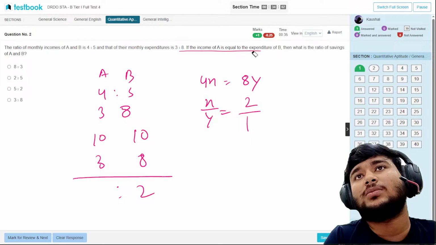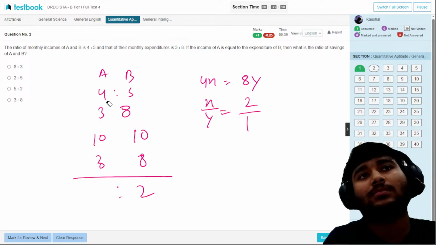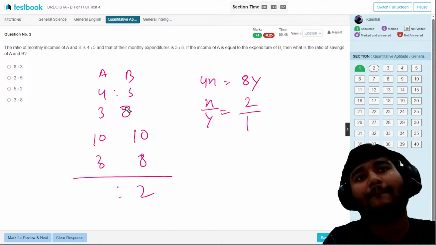The income of A is equal to the expenditure of B. X equals 2, y equals 1.